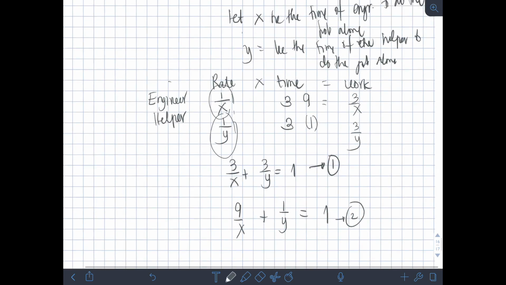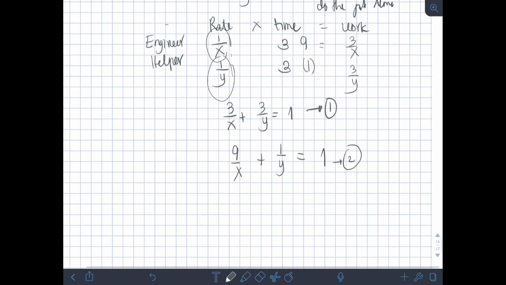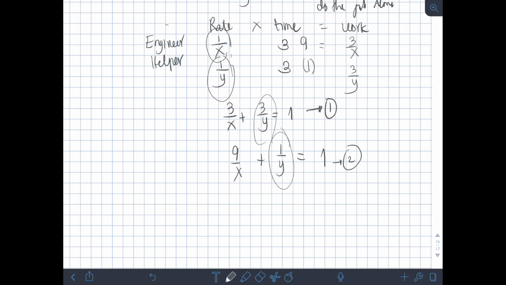So, since ang hinahanap sa problem ay si x o yung time ng engineer to do the job alone, gamit tayo ng elimination. So, eliminate natin tong y para ma-solve natin si x. So, multiply natin tong equation 2 by negative 3. So, we have negative 27 over x. So, distribute, minus 3 over y is equal to 1 times negative 3 is negative 3.